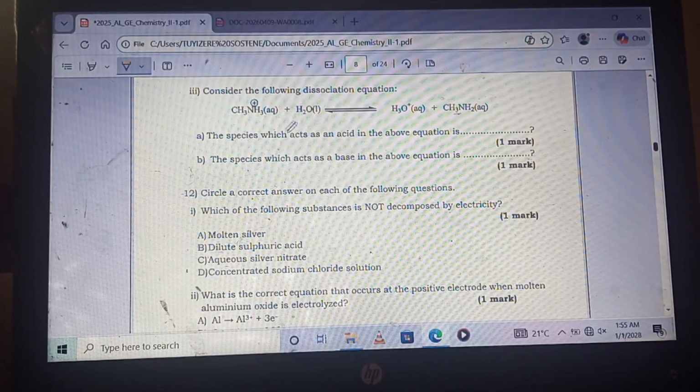I. The species which acts as an acid in the above equation is, what do you think? The species that acts as an acid is the methylammonium ion. The species which acts as a base in the above equation is this one, water.